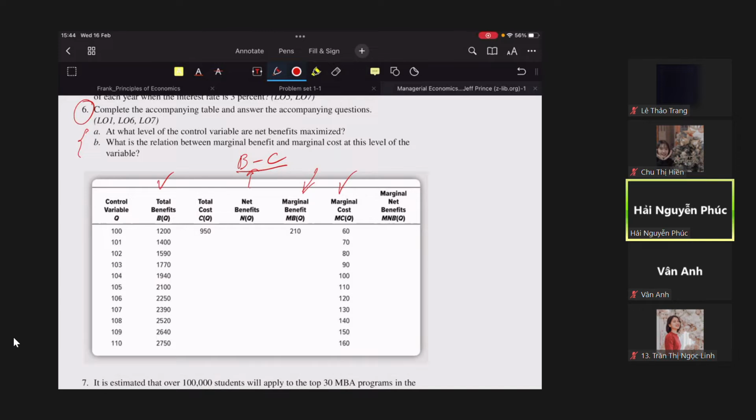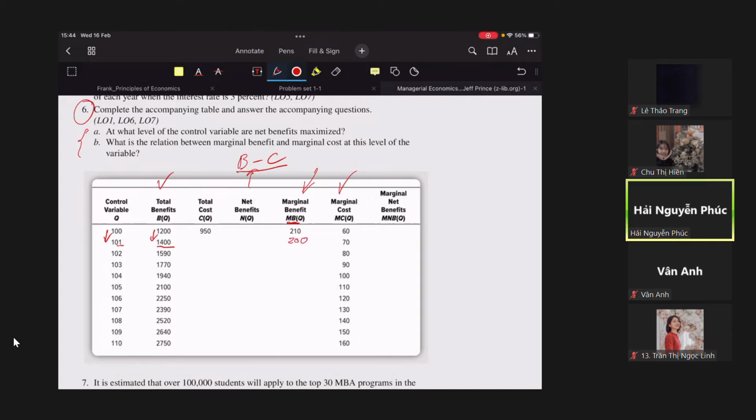Well, suppose we change Q from 100 to 101, then the total benefit increases from 1,200 to 1,400, and we say that the marginal benefit of the last unit, the 101st unit, is 1,400 minus 1,200, so it is 200.